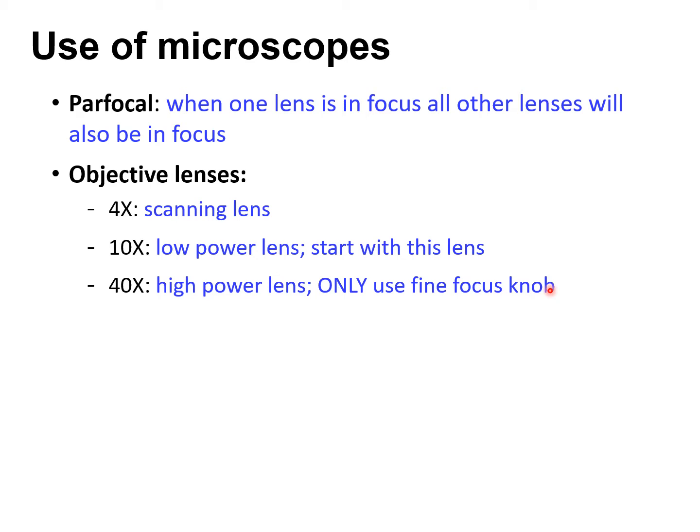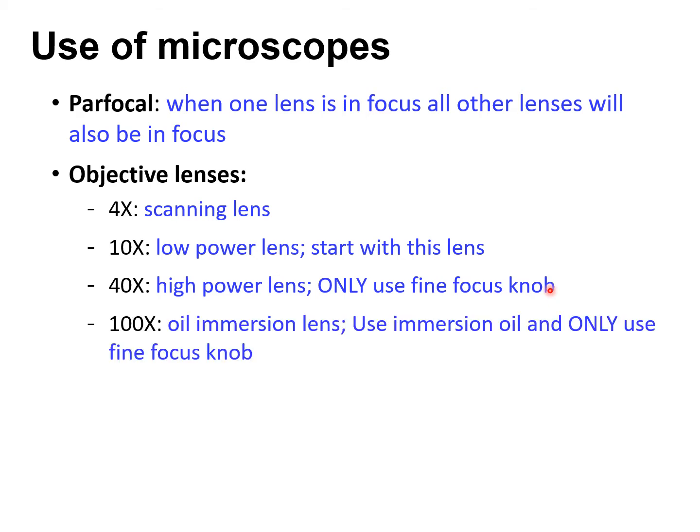So when you use the 40x, you're going to see that the space between your lens and your slide is very, very minimal. So if you use the coarse knob, you actually might break your slides. I'm going to show you a picture to explain it a bit more, but with the 40x, never use the coarse knob.